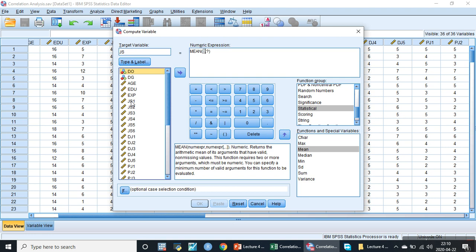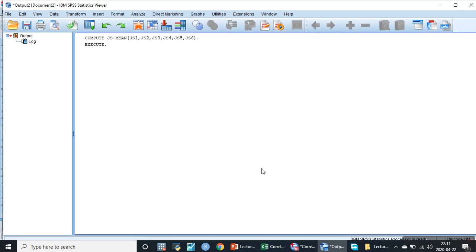Double click on JS1 and remove the question marks, then question 2 JS2 comma JS3 comma JS4 comma JS5 comma JS6, and then OK. Execute.